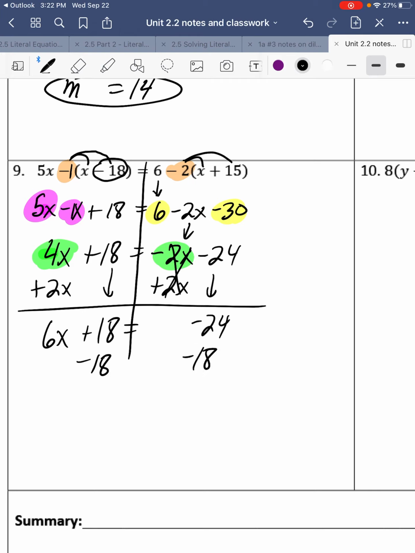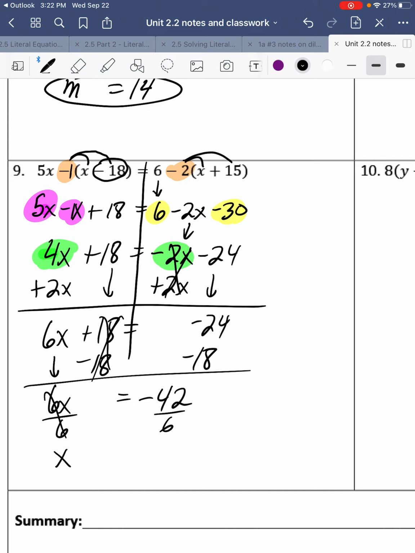Then 18 and negative 24 are like terms. Let's get those together. We have negative 6. And divide by 6, divide by 6. That's the opposite of multiplication. 6 divided by 6 is 1. 1 times x is x. It's going to be negative 1.